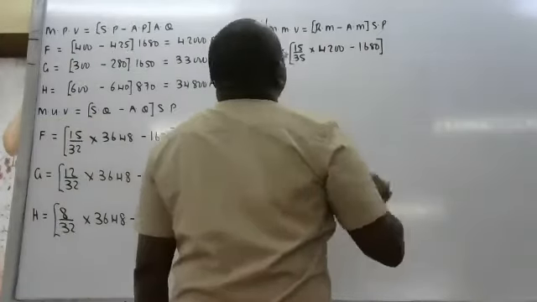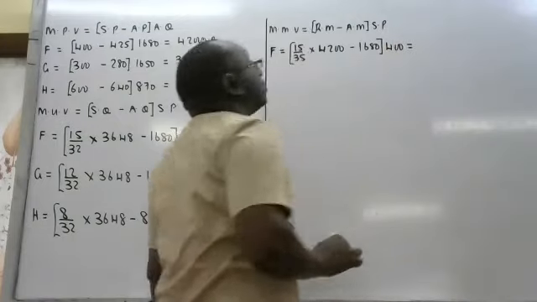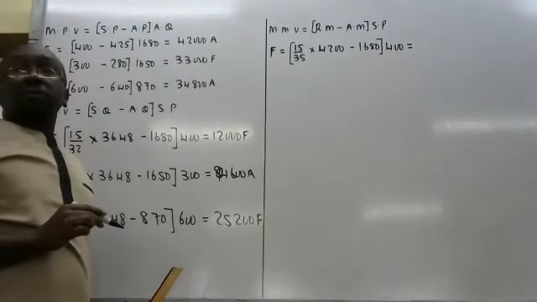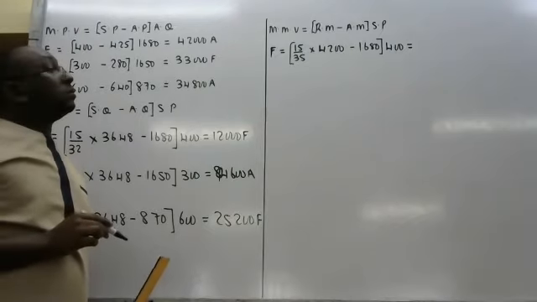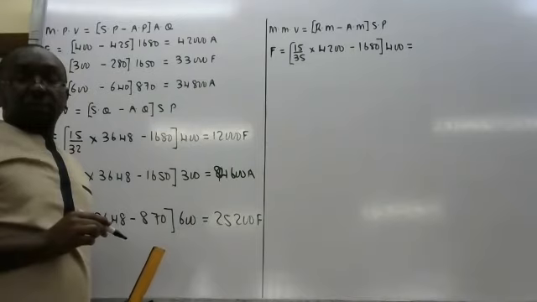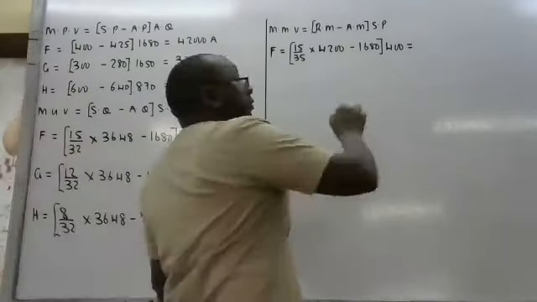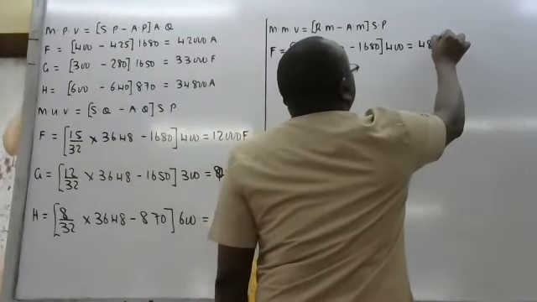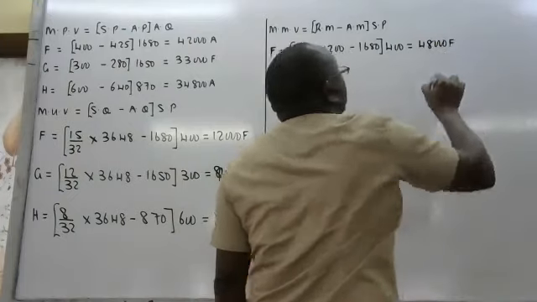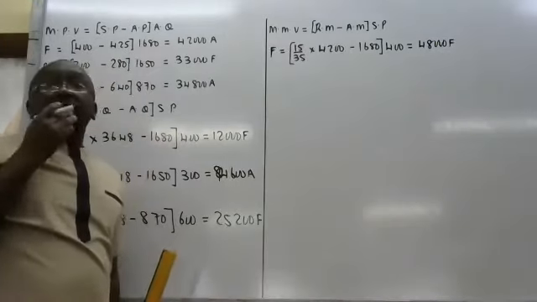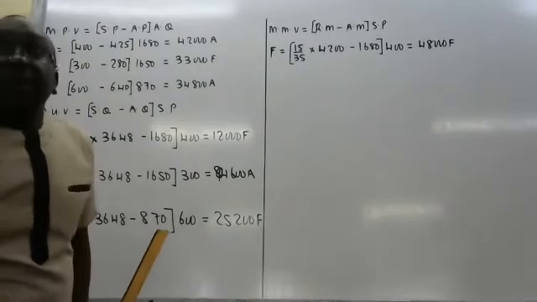You multiply by the starting price of 400. $48,000. Favorable advance. Favorable. Positive, eh? Yeah, now you okay? 48,000 favorable.